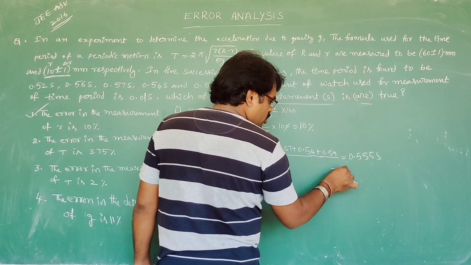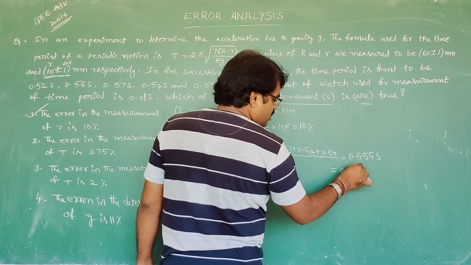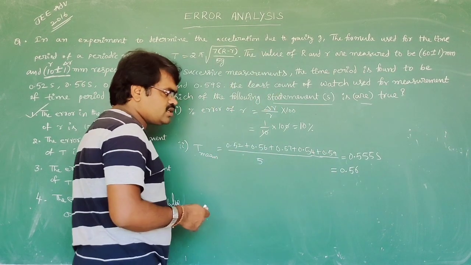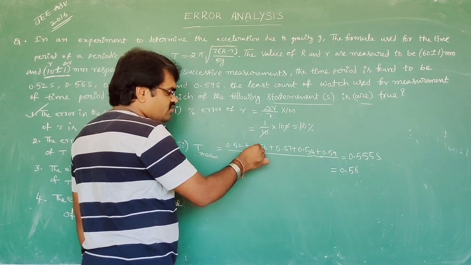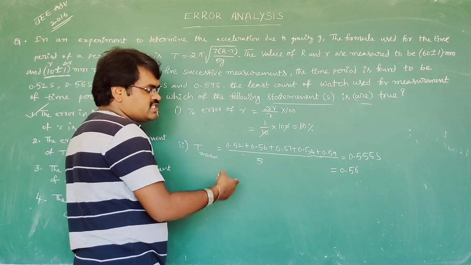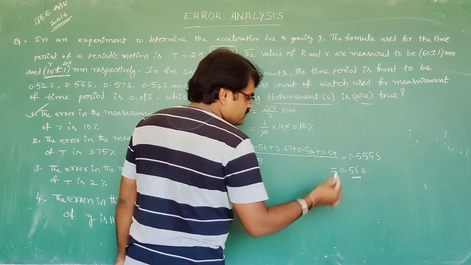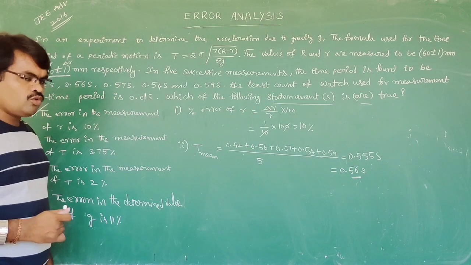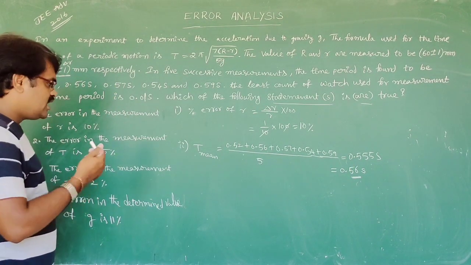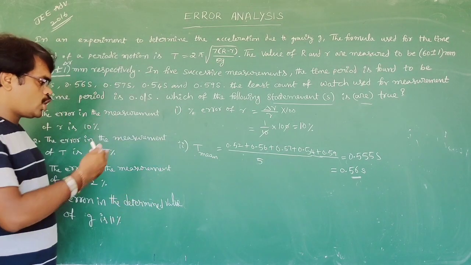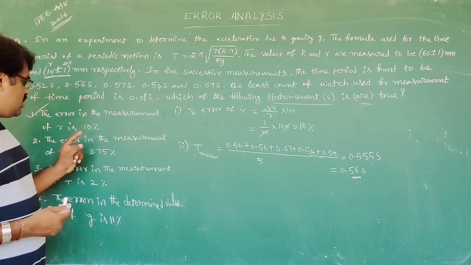Rounding off, we write 0.56, because after the decimal there are only 2 digits. So it is 0.56 seconds.